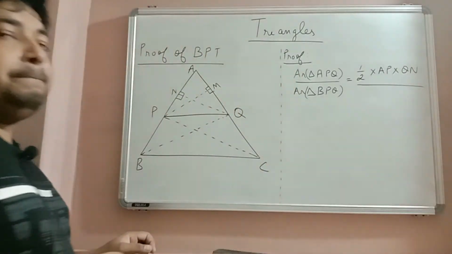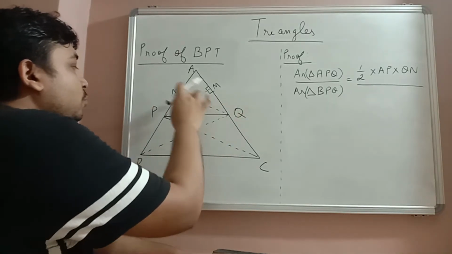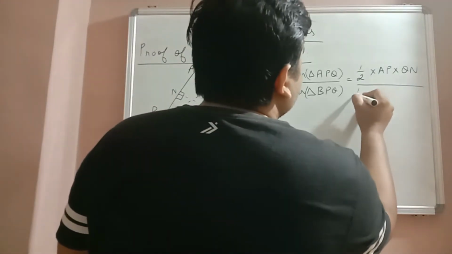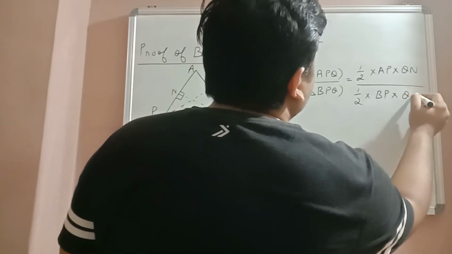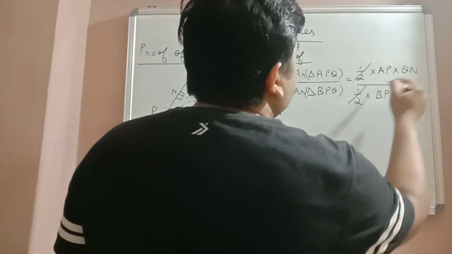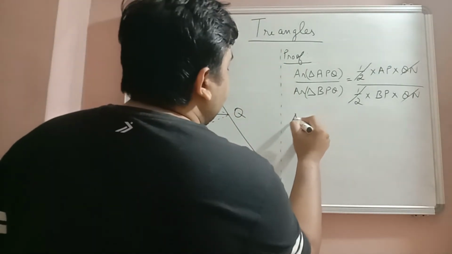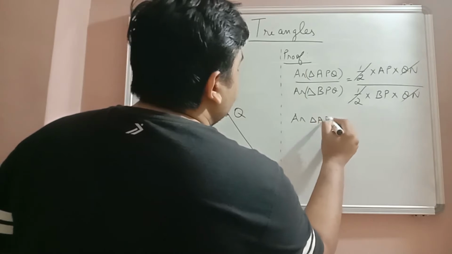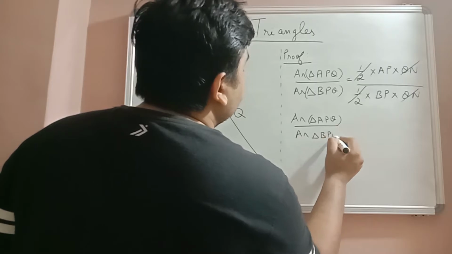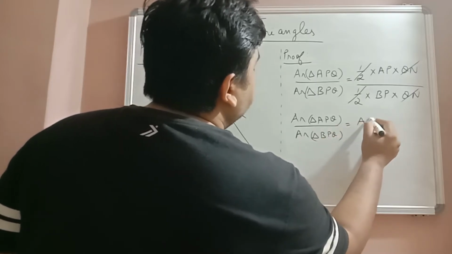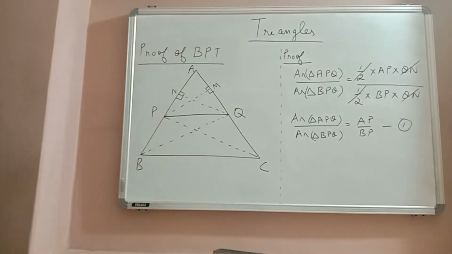And area of triangle BPQ can be written as half into BP into QN. Here half and half get cancelled, QN and QN get cancelled, and we get area of triangle APQ upon area of triangle BPQ equals AP upon BP. Let me call this equation number 1.